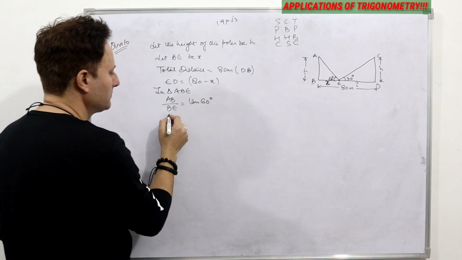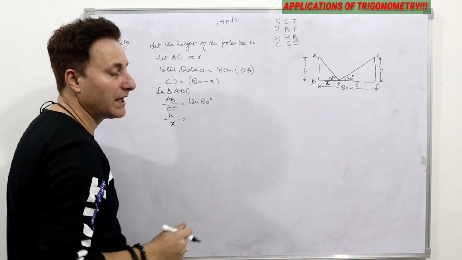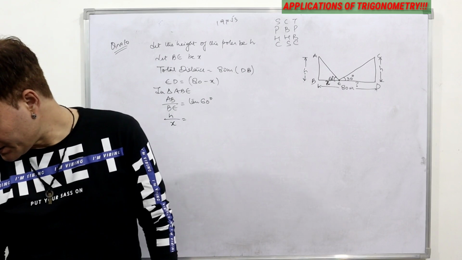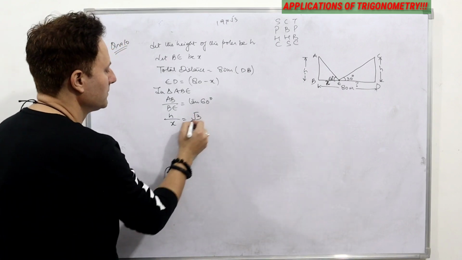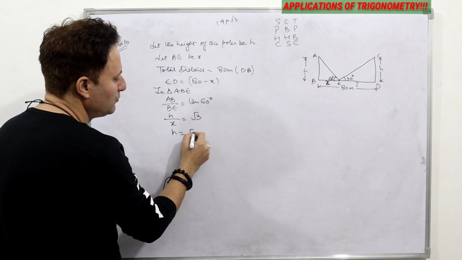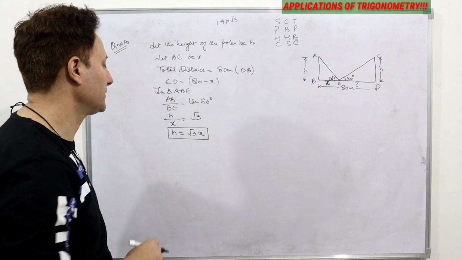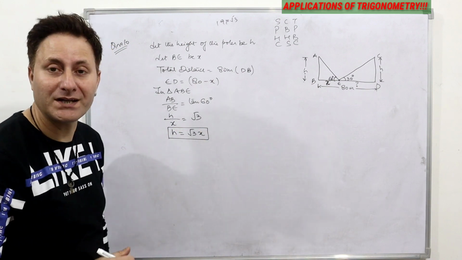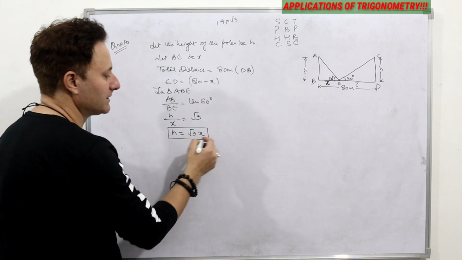AB is h, then BE is x, is equal to tan 60. Tan 60 is root 3. Yes, tan 60 is root 3. So h is equal to root 3x. We have to find the value of h, but till the time we don't have the value of x, we will not get the exact value. So now let's leave it as it is.